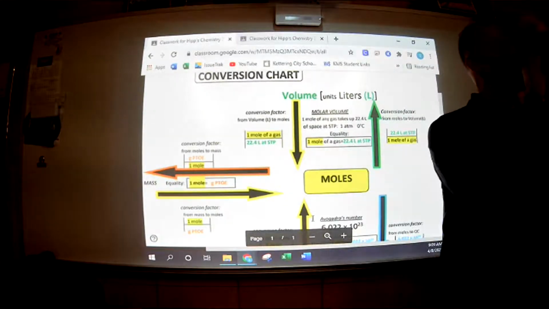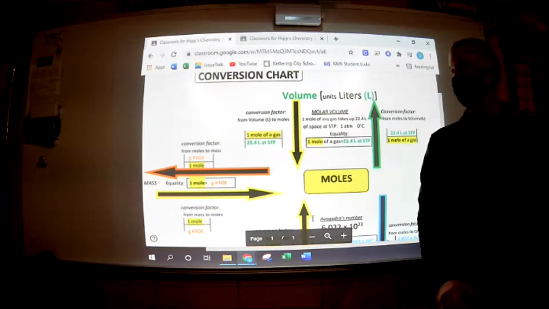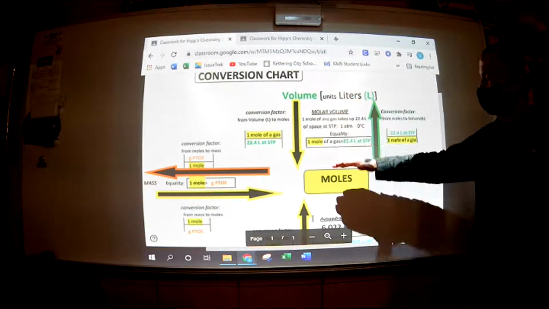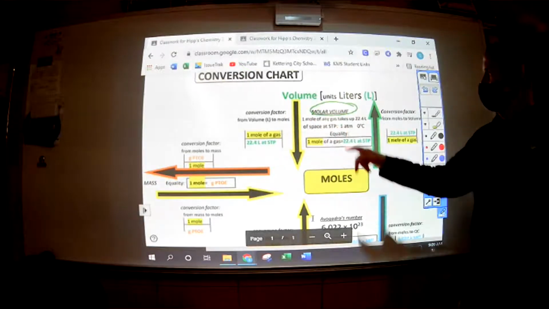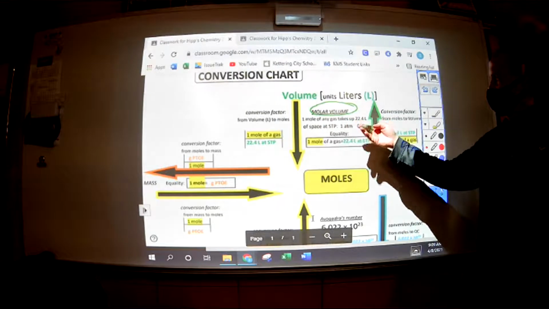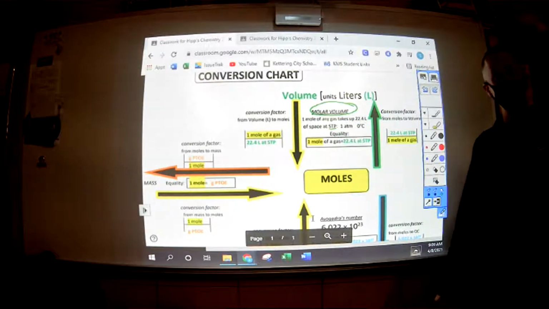This is for gases only. We learned to go from moles to volume or from volume to moles. We would use the fact that 1 mole of any gas takes up 22.4 liters of space at STP.